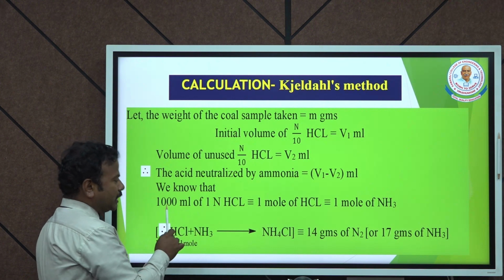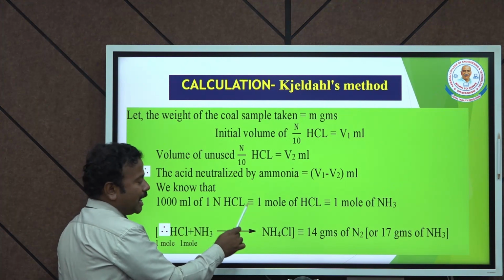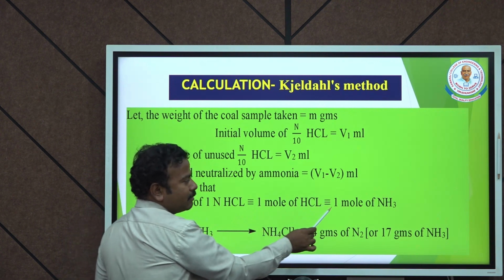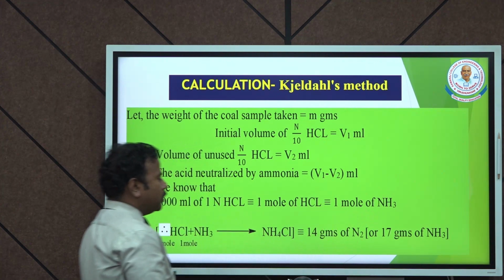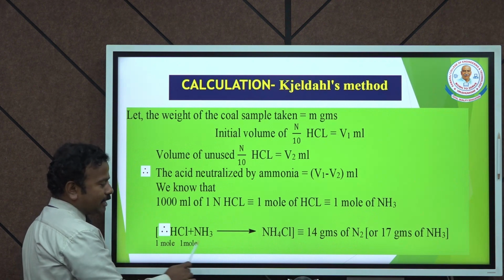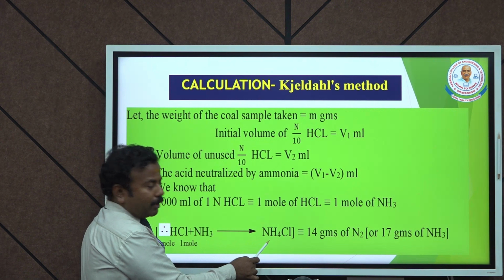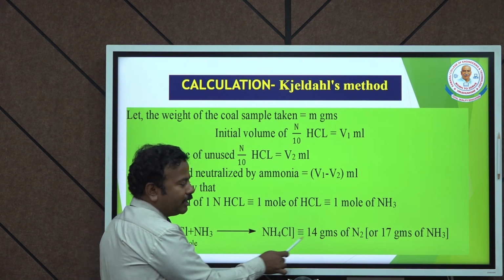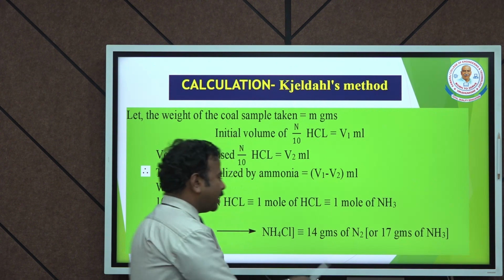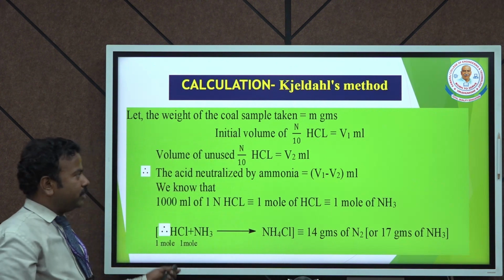We know that 1000 ml of 1N HCl, that is one equivalent, is equal to 1 mole of HCl, which is equal to 1 mole of ammonia, since HCl reacts with ammonia in a 1:1 ratio to produce ammonium chloride. That corresponds to 14 grams of nitrogen or 17 grams of ammonia.